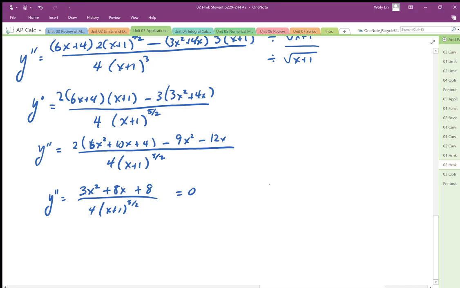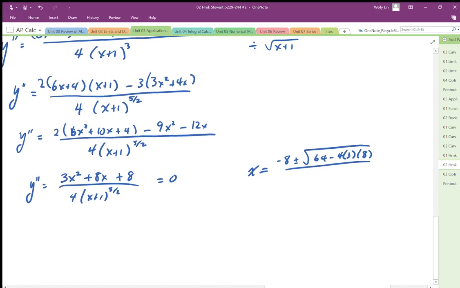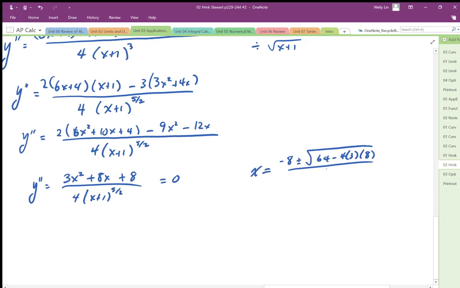When I plug this into the quadratic formula, it doesn't look like it's factorable, so I'm going to plug it into the quadratic formula, -8 plus minus the square root of 64 minus 4 times a times c. And I can see that I'm going to end up with a negative number in there. Okay, so there's no real roots here, so this is over 2 times 3.